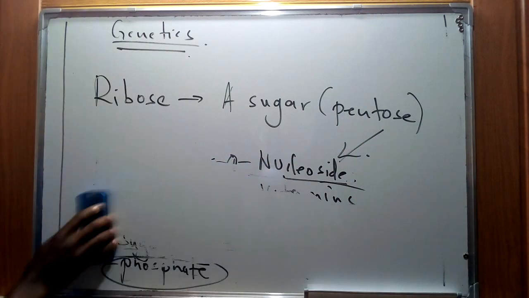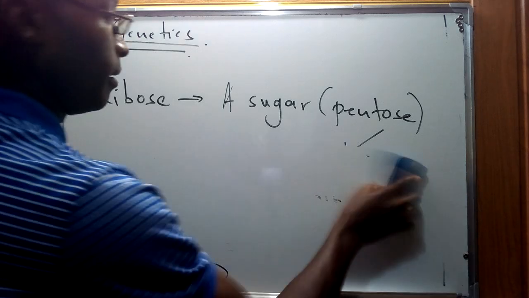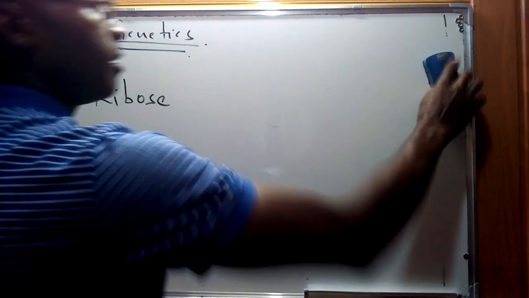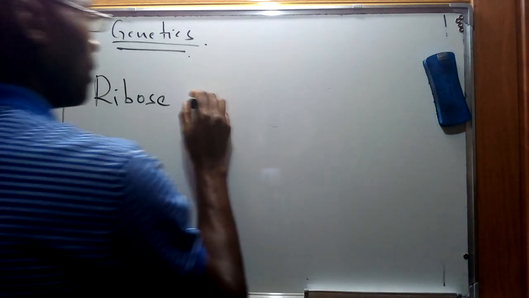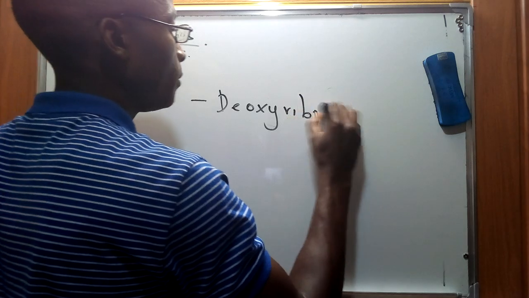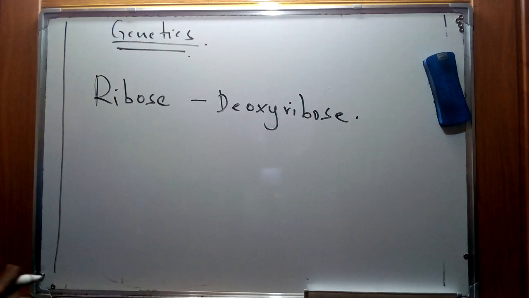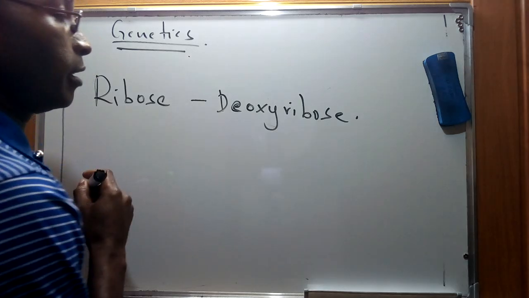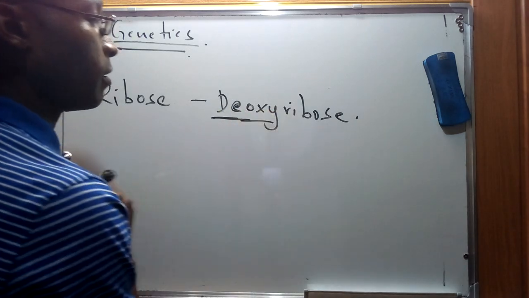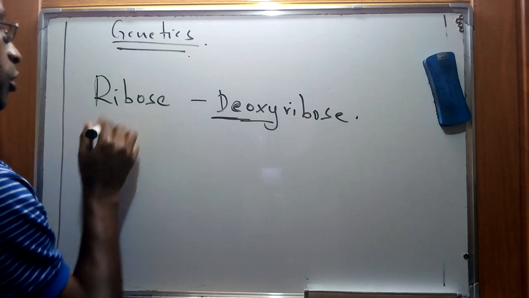So if I may move ahead, we're going to see that these ribose sugars are sometimes referred to as deoxyribose. From the structure, I'm going to give an illustrative difference between this deoxyribose and the ribose sugar.